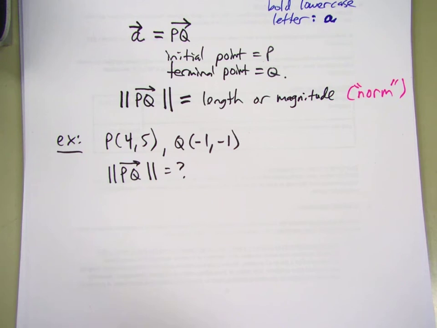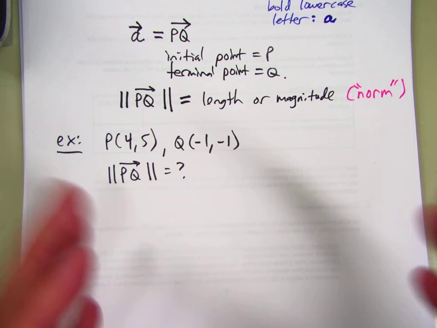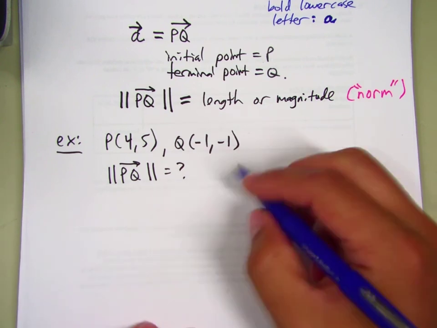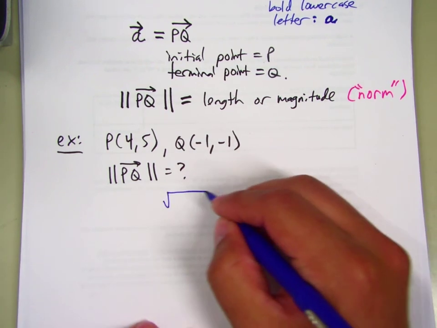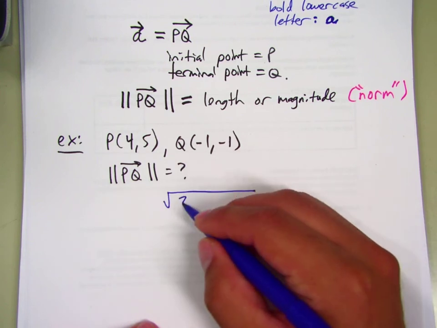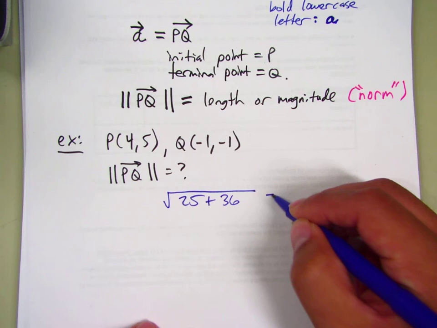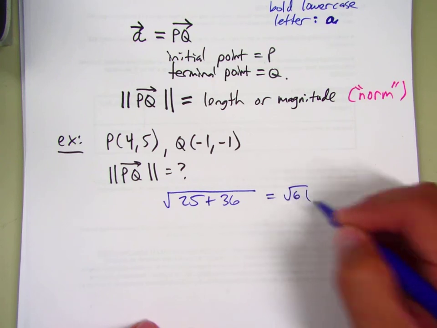Just the distance formula, right? Imagine that, what we learned or reviewed yesterday. And by the way, these apply in 3 dimensions too, but we're just working in 2 to kind of learn all the stuff. So this would just be the square root of 4 minus -1 is 5, squared is 25. That'll be 36 when you square it, so you should get root 61.